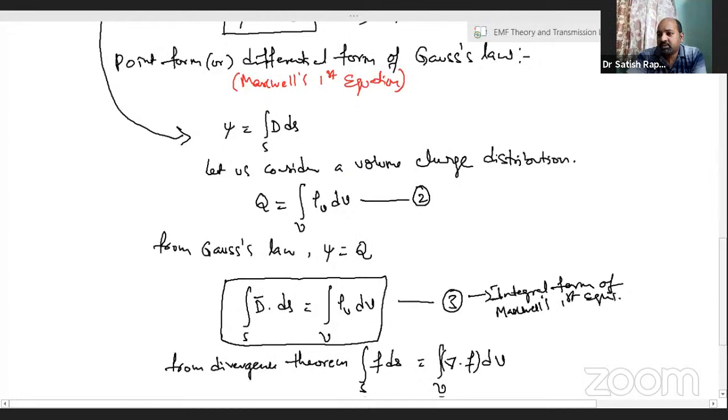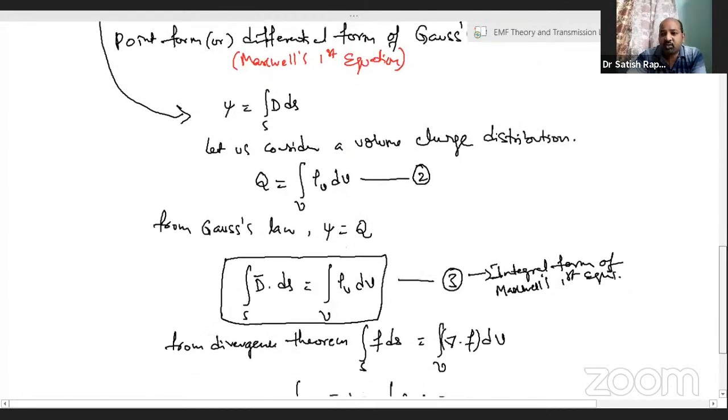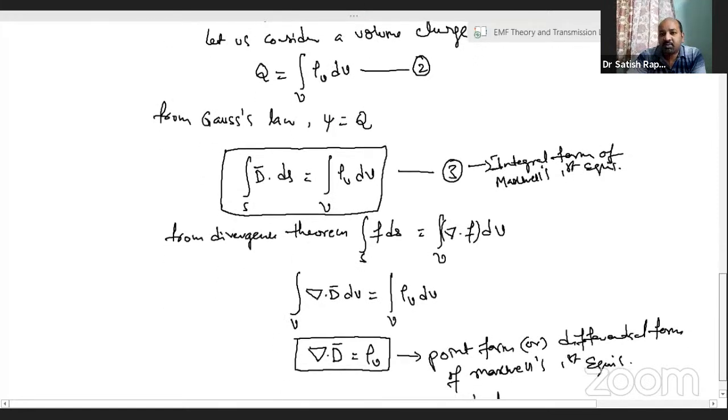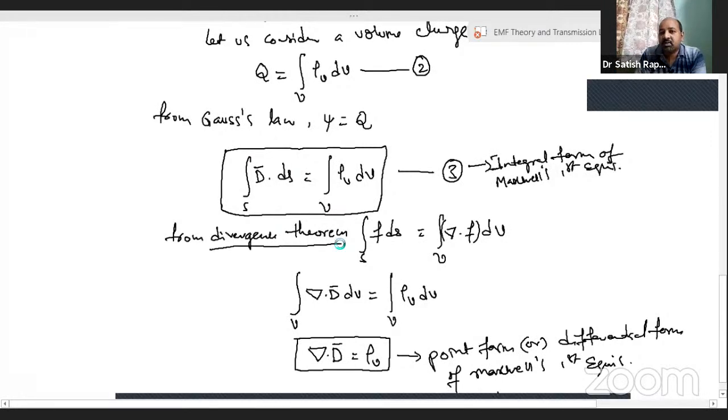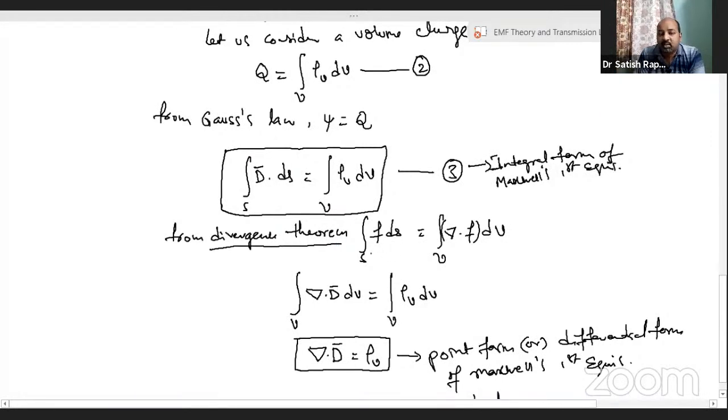In equation 3, on the left hand side we have a surface integral and on the right hand side a volume integral. Therefore, the left hand side surface integral can be converted into a volume integral by using the divergence theorem. So the volume integral of del dot D bar dv is equal to the volume integral rho v dv.